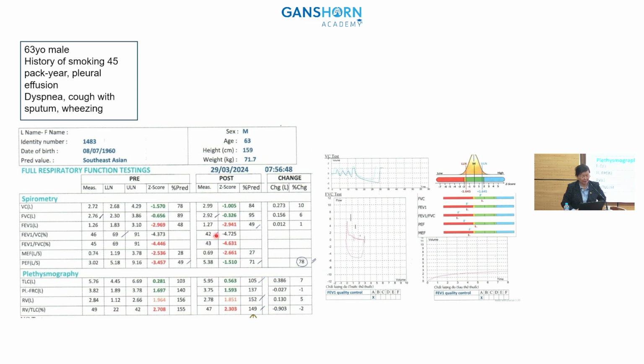And how about the bronchodilator test? We will take the post minus pre. Negative. So, no restriction, moderate obstruction, negative bronchodilator test.